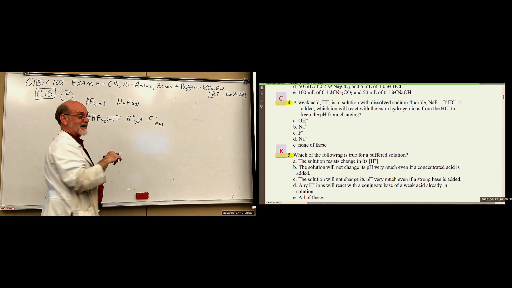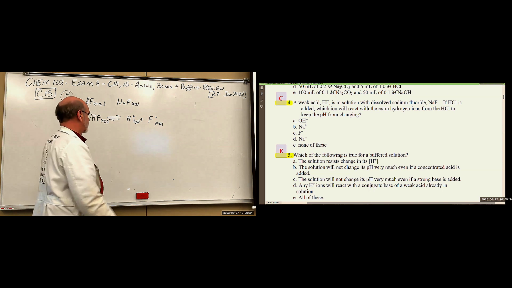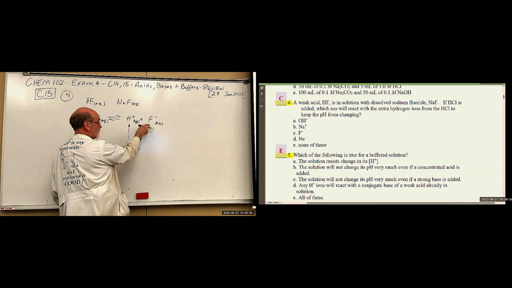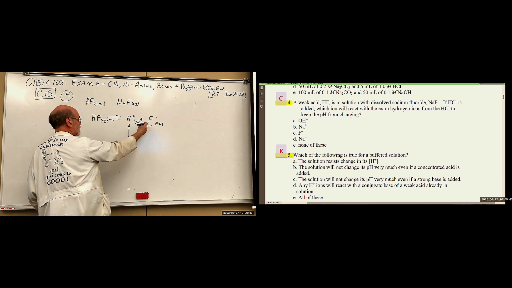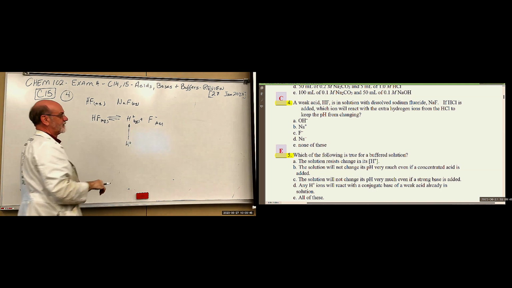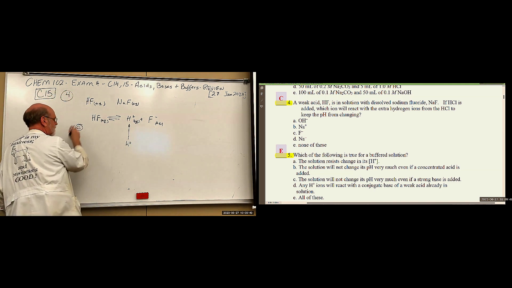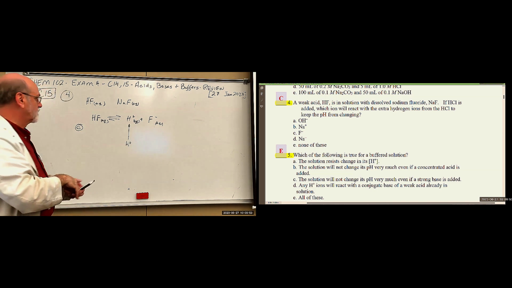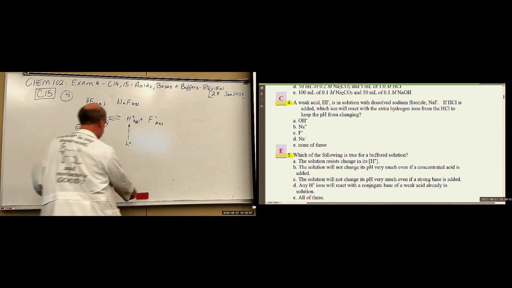If we add hydrogen ions to this solution, what's it going to react with? Right there. It's going to react with fluoride, right? And shift the equilibrium back to the left. So C is the answer. Hydrogen ions react with fluoride ions. Okay, number 5.